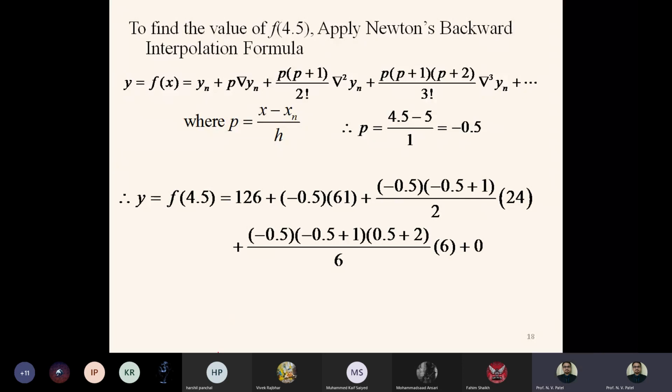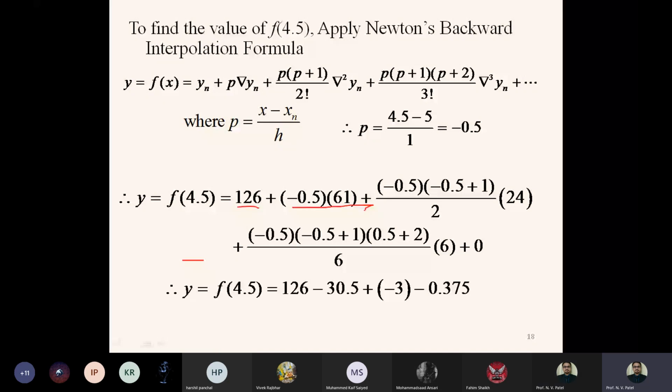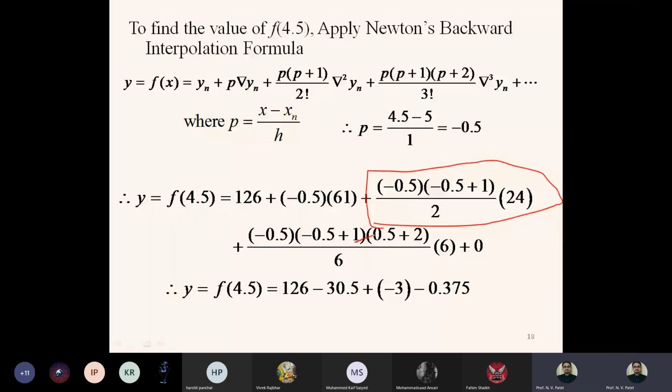Now simplify each term separately first using a calculator. So that is 126 plus the product of minus 0.5 into 61, that is minus 30.5. Then the next product is minus 0.5 into minus 0.5 plus 1 divided by 2 into 24. Here it is only minus 3. And the last term, simplify this and you will get minus 0.375.